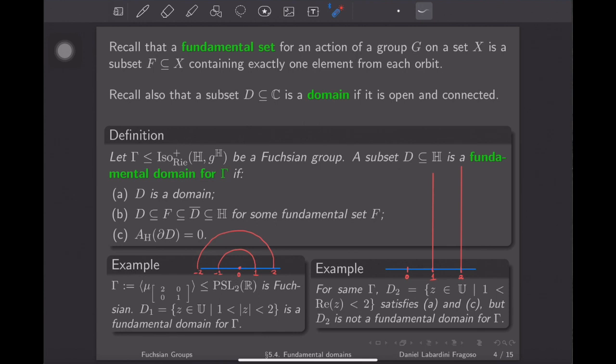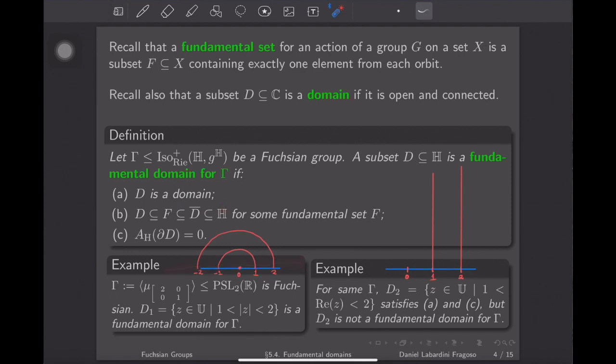Something that must happen in particular is that since a fundamental set has to be in between, every point in H must be gamma congruent with something at least inside the bar, at least in that topological closure, which, by the way, is the topological closure in H. So let's say in the model U, this D bar, this topological closure is taken in U, not in U bar.